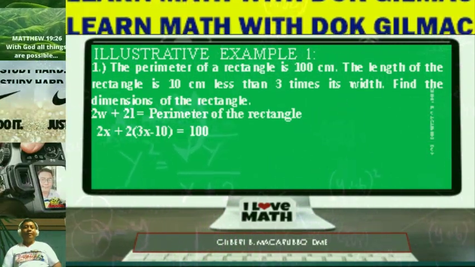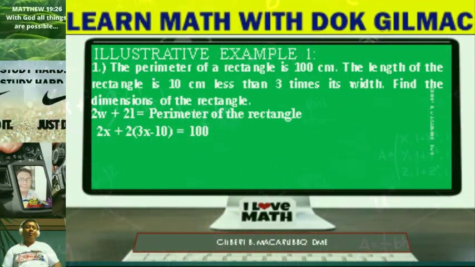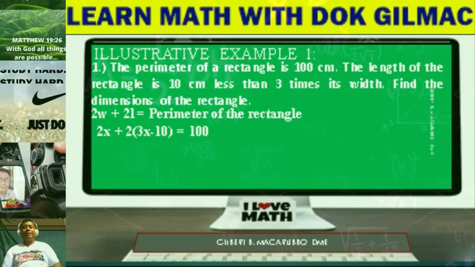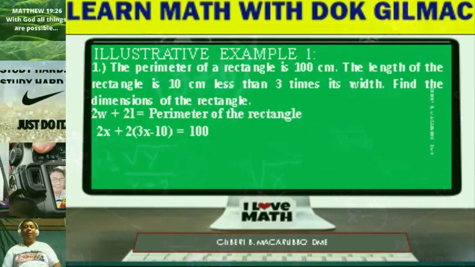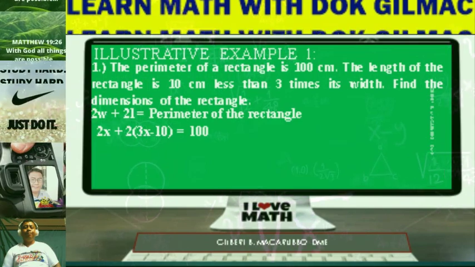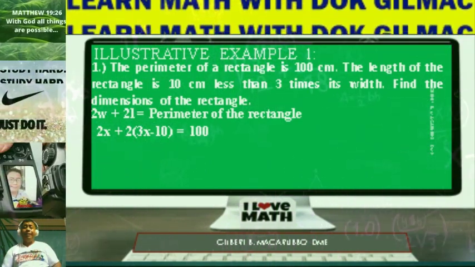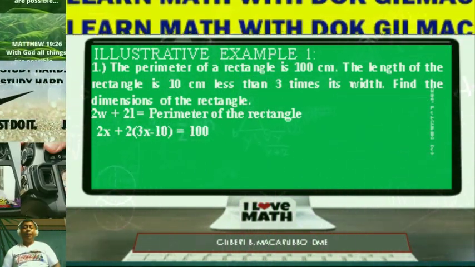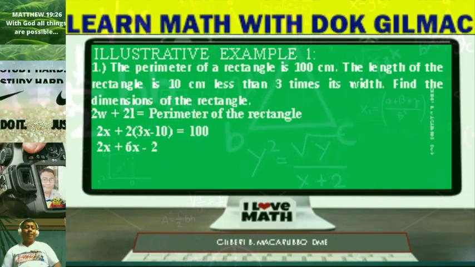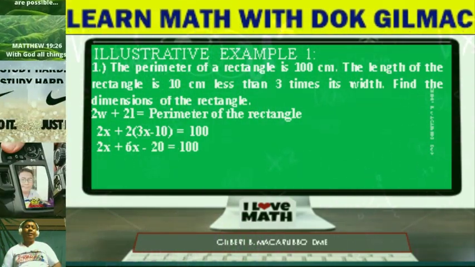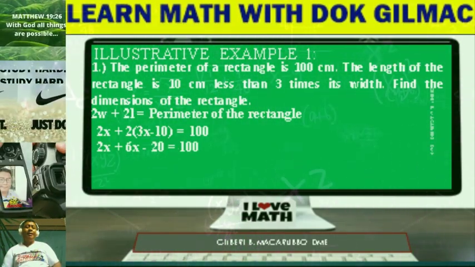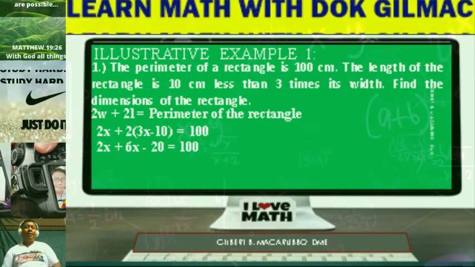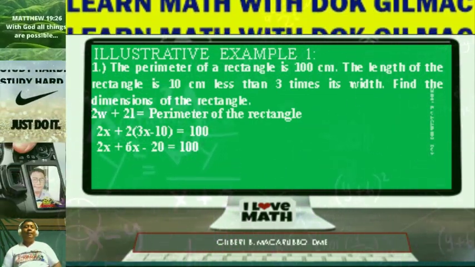So we have 2x plus 2 times the quantity 3x minus 10 is equal to 100. Applying distributive property, we have 2x plus 2 times 3x is 6x minus 2 times 10 is 20, which is equal to 100.